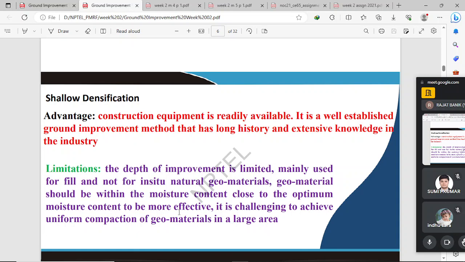It is quite difficult to judge or note down how many passes each area has gone through for a large area. So the improvement is also not uniformly distributed over the large area. So this technique is not good for that.